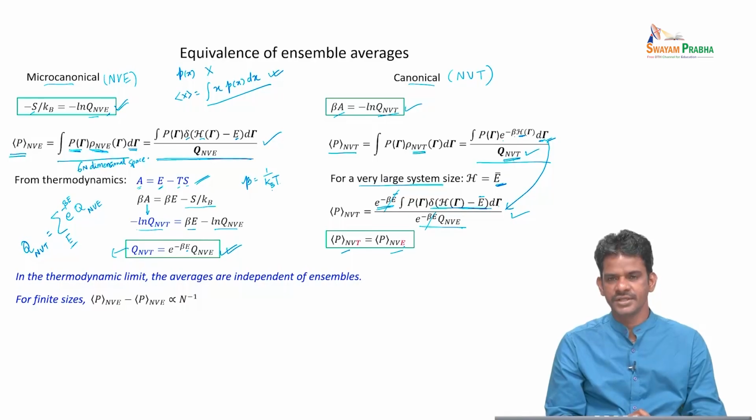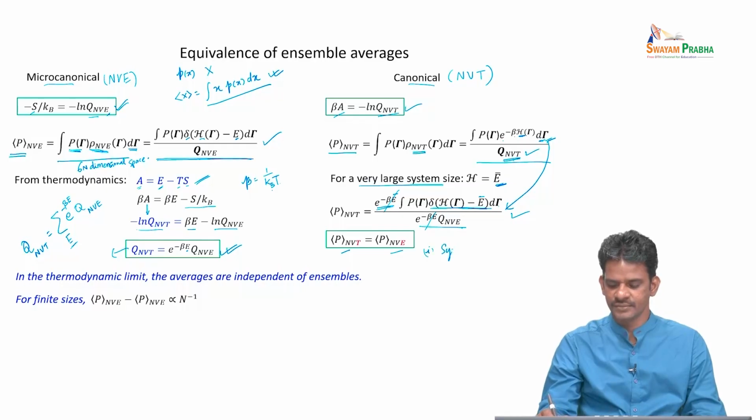But this condition is satisfied only under two situations. One is the system size is large, so we are able to make this approximation, and second, the temperature in this NVT ensemble should give you an energy E that was fixed in the NVE ensemble.